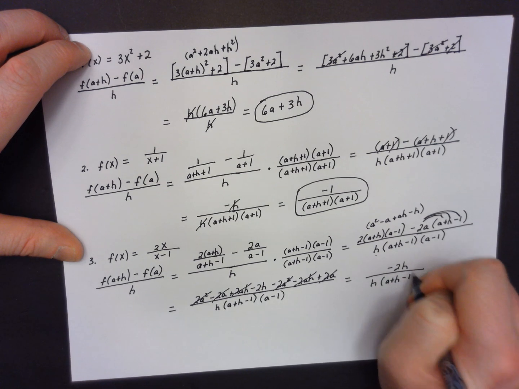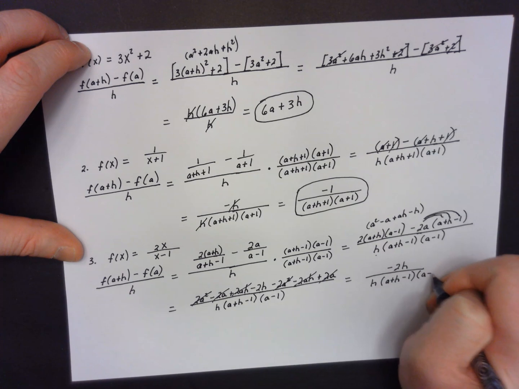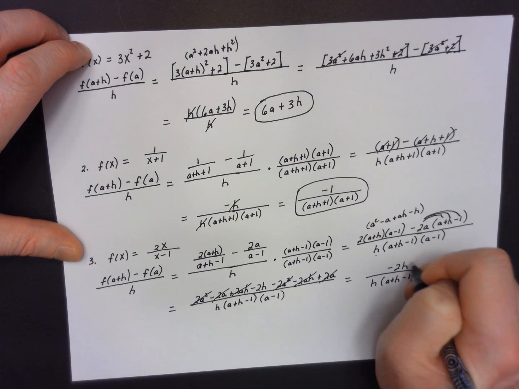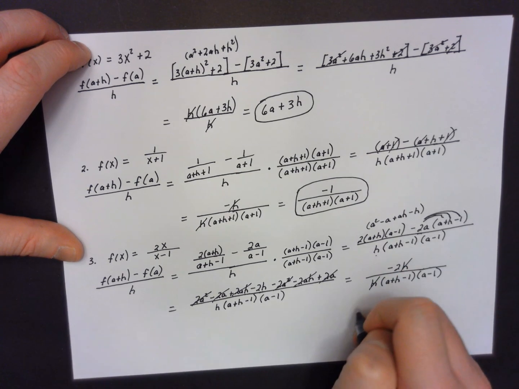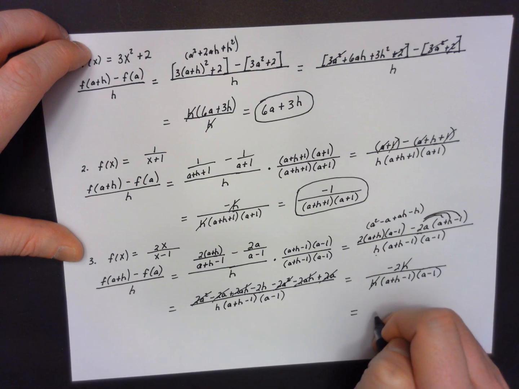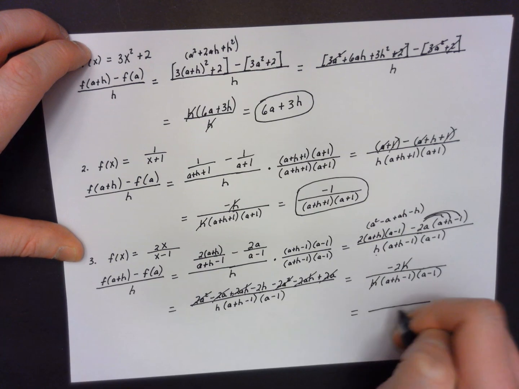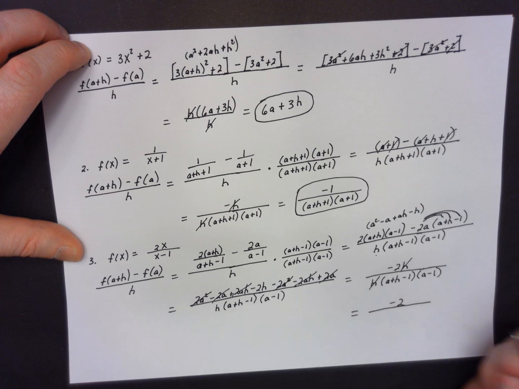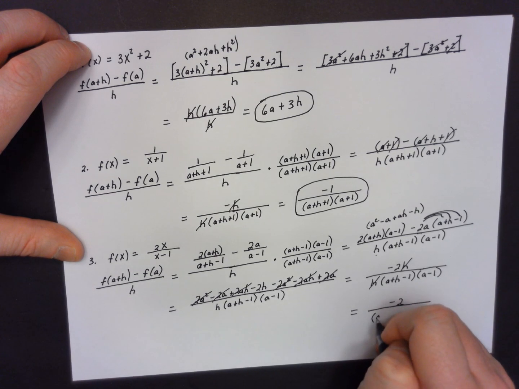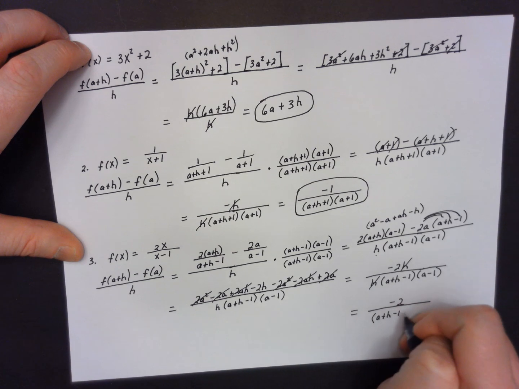I can cancel out the h since it's a common factor in the numerator and denominator, or as I like to say, I eliminate h. Now my numerator is just negative 2. My denominator is going to be a plus h minus 1 times a minus 1. Absolutely cool final answer there.